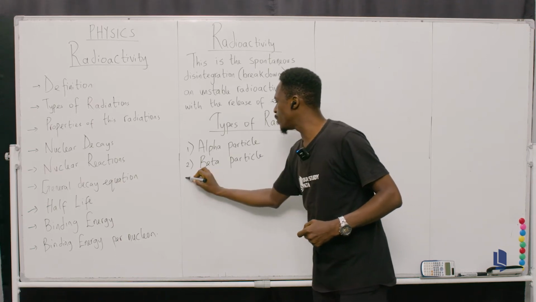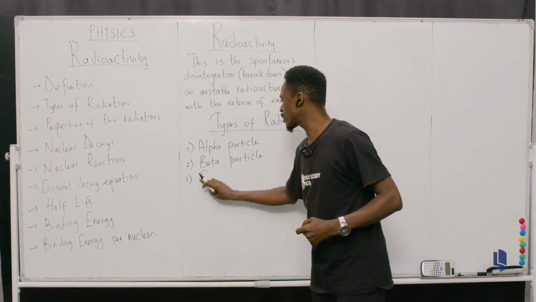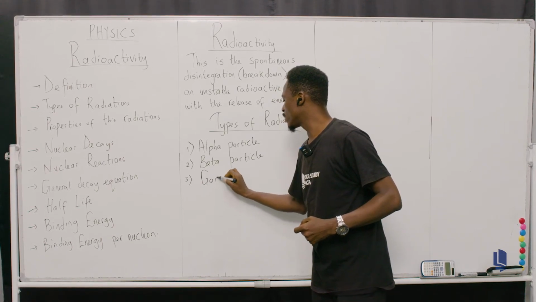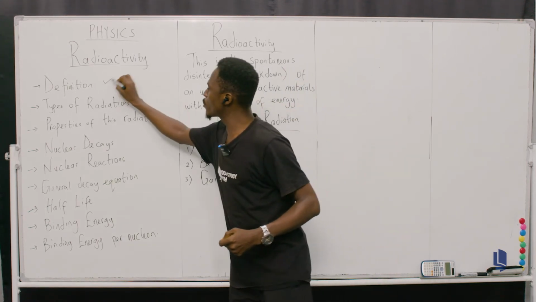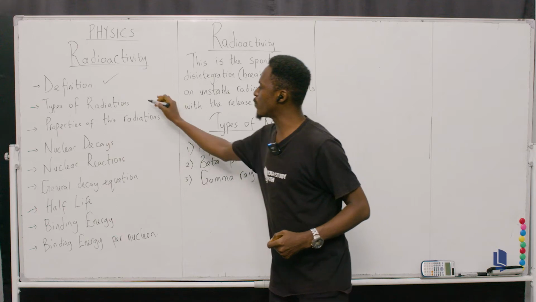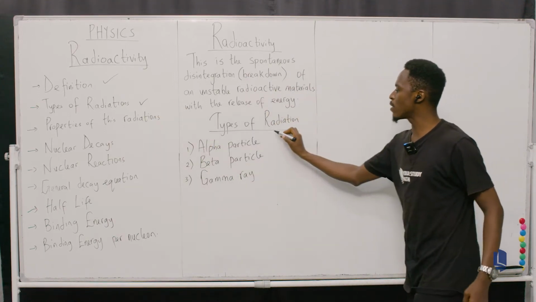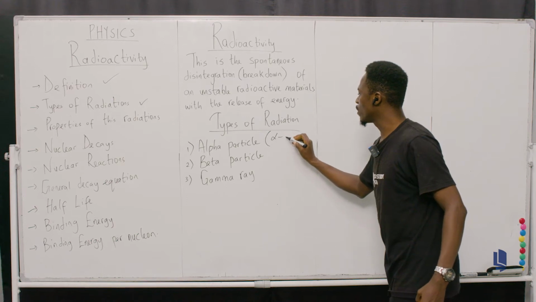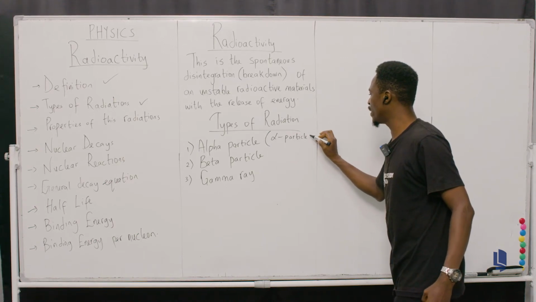And the third being gamma ray. We don't call it a particle, we call it a ray. So the definition, we've answered that. Types of radiation, we are looking at it. So these form the basis of the types of radiations that can be emitted.